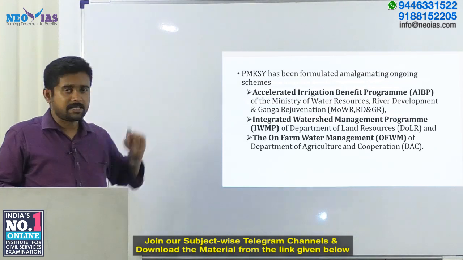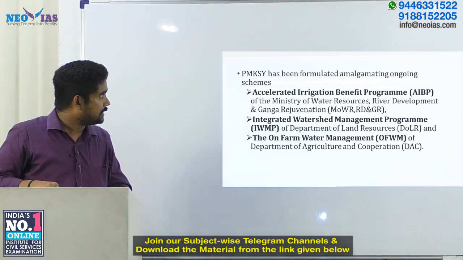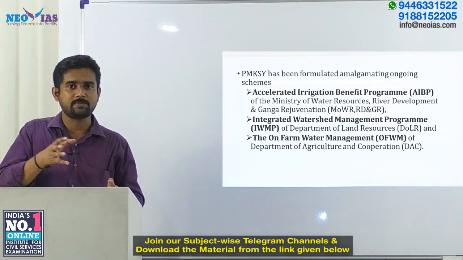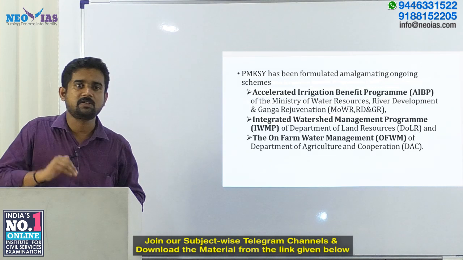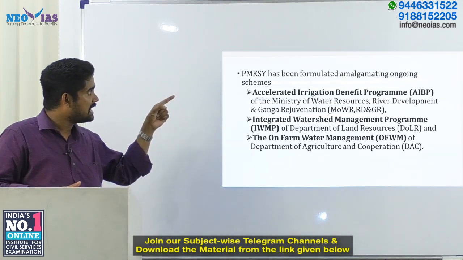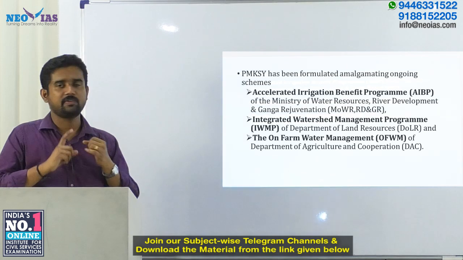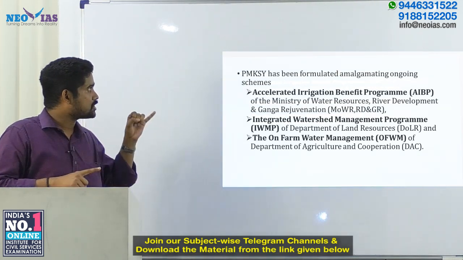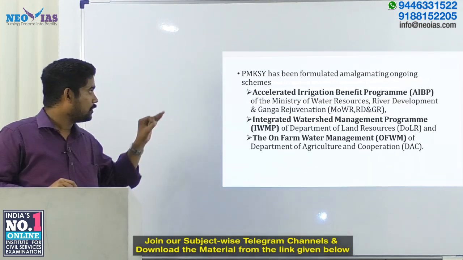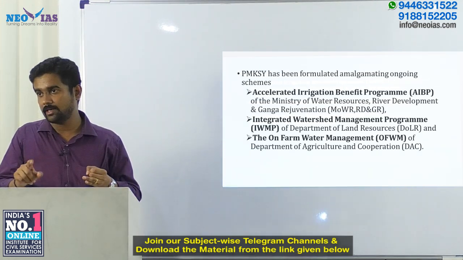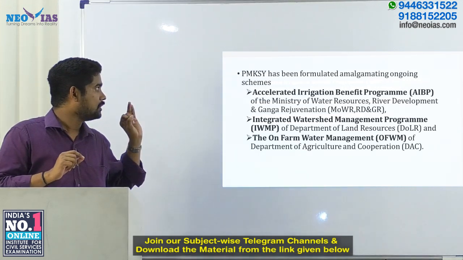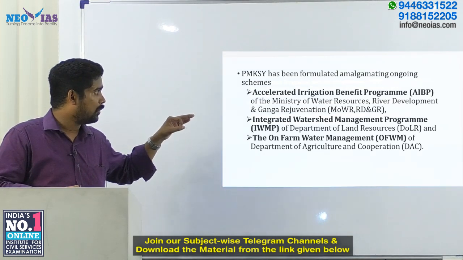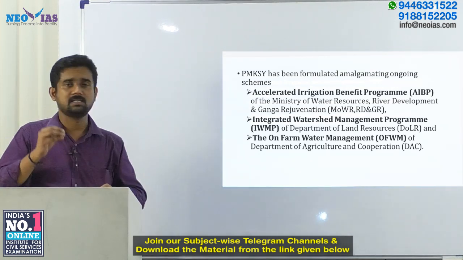Then, this scheme, Pradhan Mantri Krishi Sinchayee Yojana, has basically been formulated by amalgamating a few schemes which were running at the point of time when the scheme was implemented, and that would include the Accelerated Irrigation Benefit Programme of the Ministry of Water Resources, the Integrated Watershed Management Programme of the Department of Land Resources, as well as the On Farm Water Management of the Department of Agriculture and Cooperation.